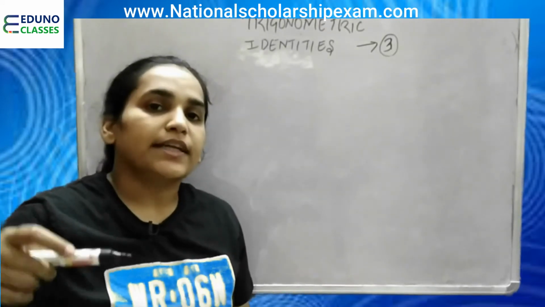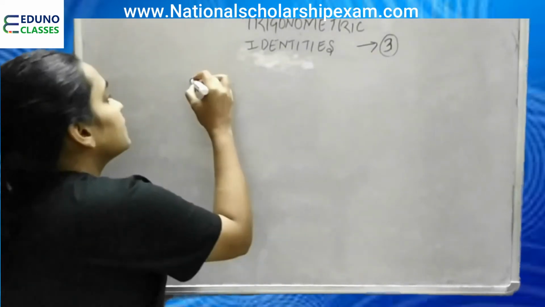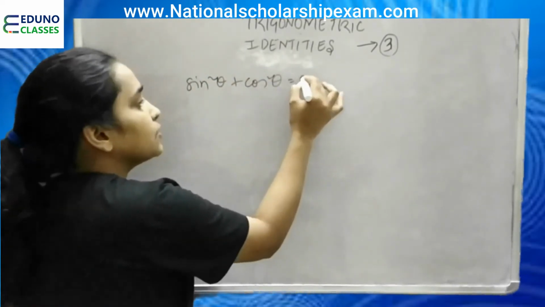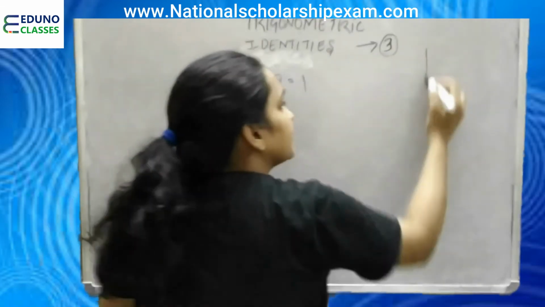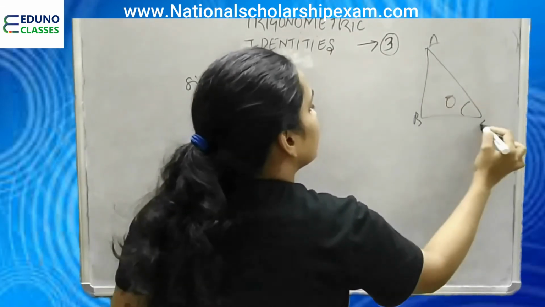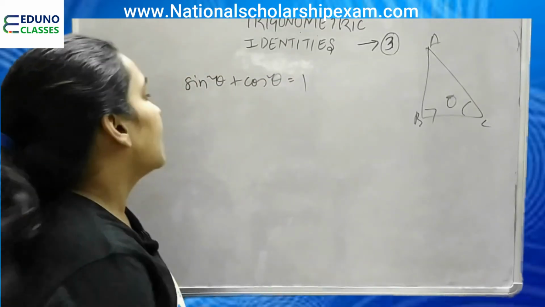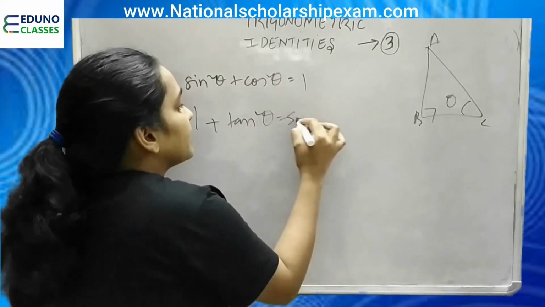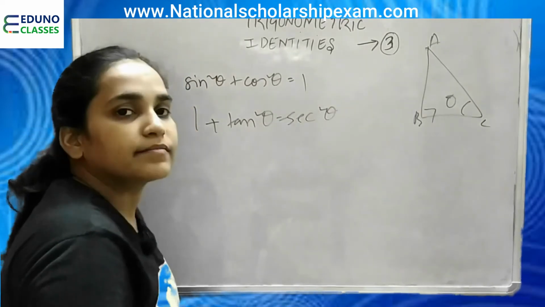It was concerning sine and cos. Sine square theta plus cos square theta is equal to 1. Fine, this is your triangle ABC. Another identity was 1 plus tan square theta is sec square theta.